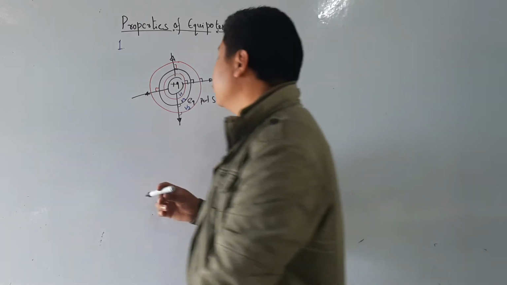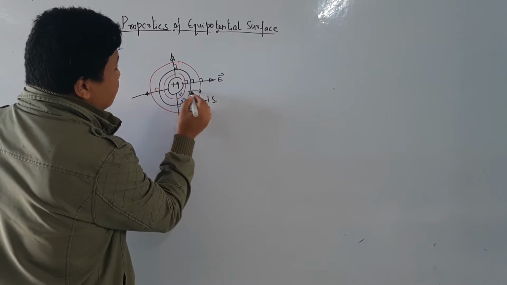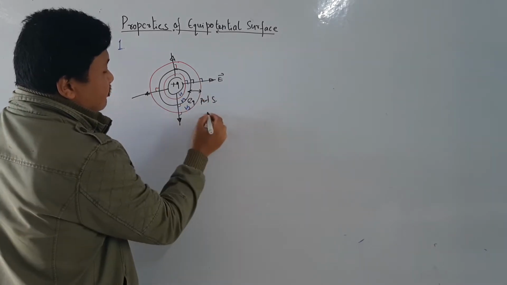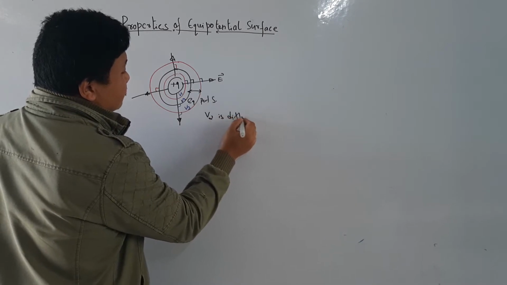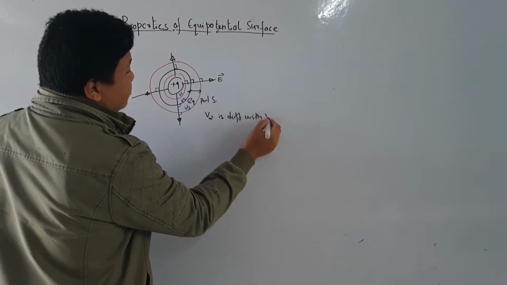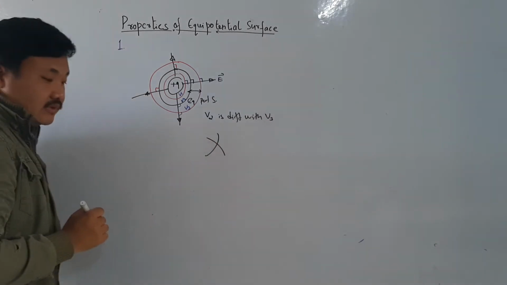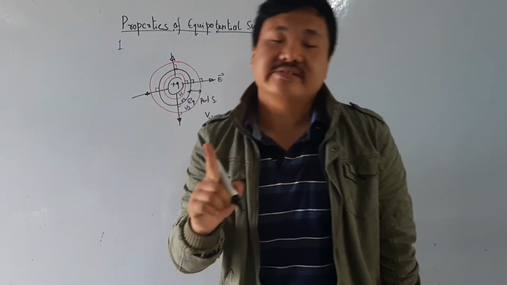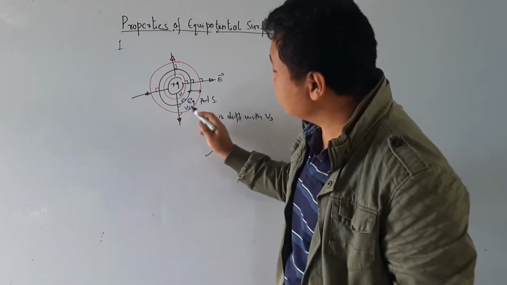Now if these two surfaces intersect, what will happen? V2 is different from V3. At the point of intersection, they will have two different values of potential.